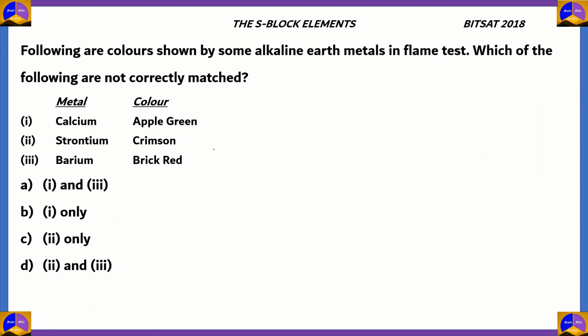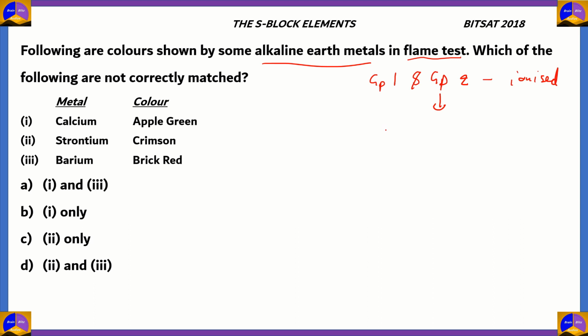Well, let's understand what is the reaction of the S block elements to flame. So when group 1 as well as group 2 are put to flame, they get ionized easily, and when they get ionized easily, they start showing different colors. For alkali metals and for most of the alkaline earth metals, this is true. So now let's consider group 2 since the question is demanding that.